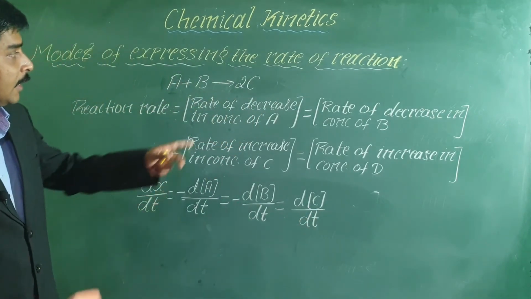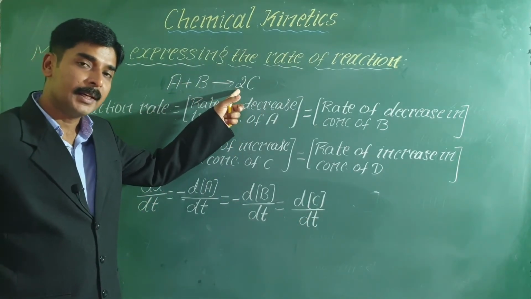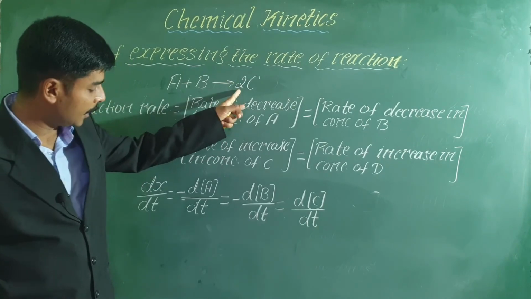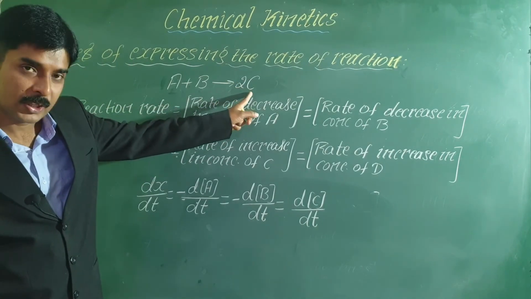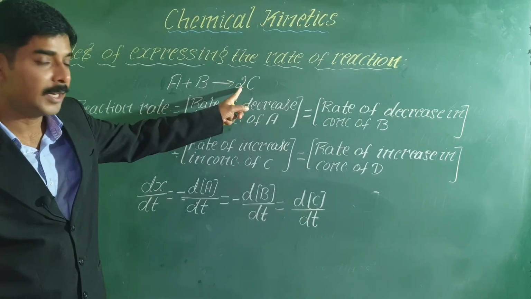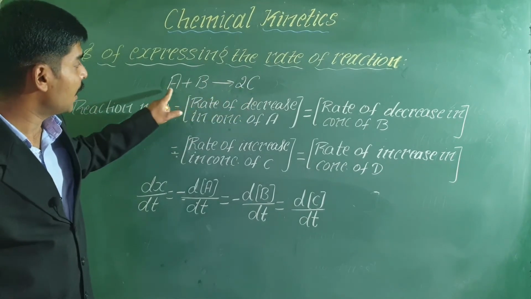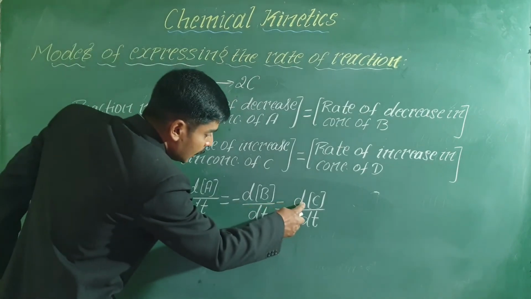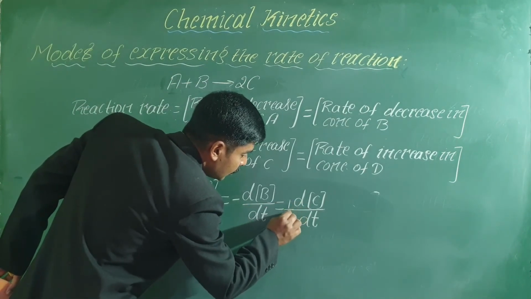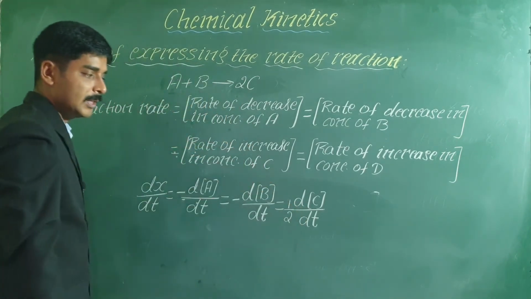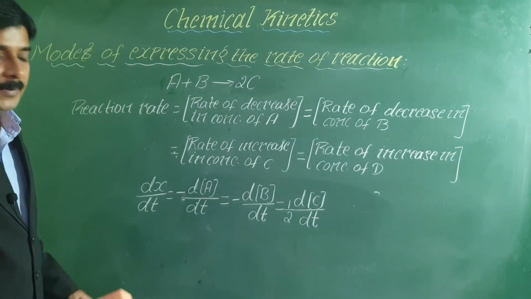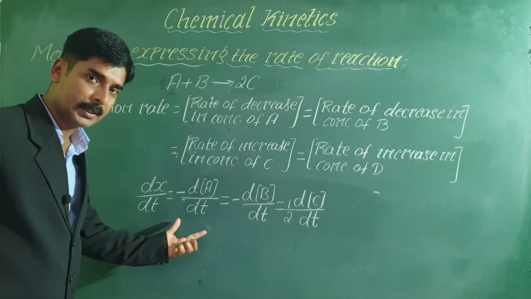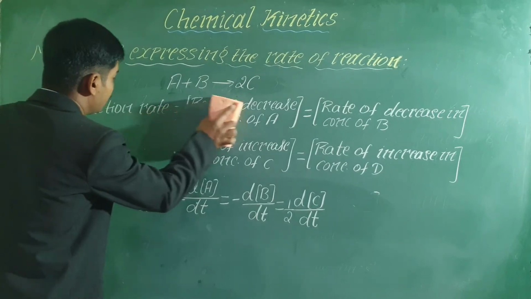I said that to make the rate uniform, you have to divide the concentration change by the stoichiometric coefficient in the balanced equation. For C, the stoichiometric coefficient is 2, so you have to divide this term by 2. So it is 1 by 2 dC by dt. Let us try to understand this clearly by taking a few examples.